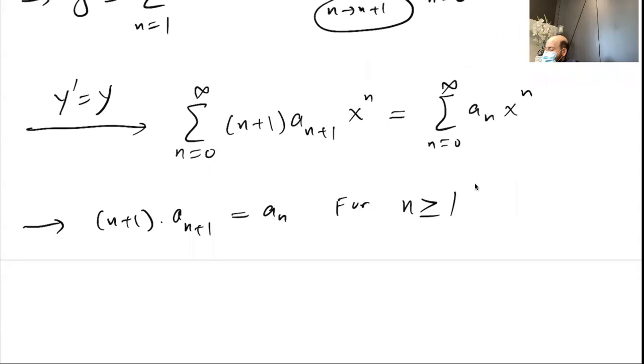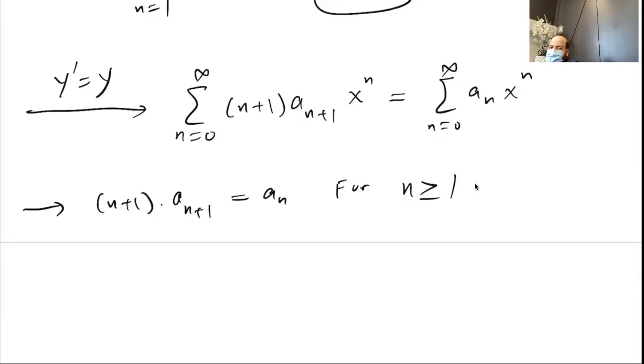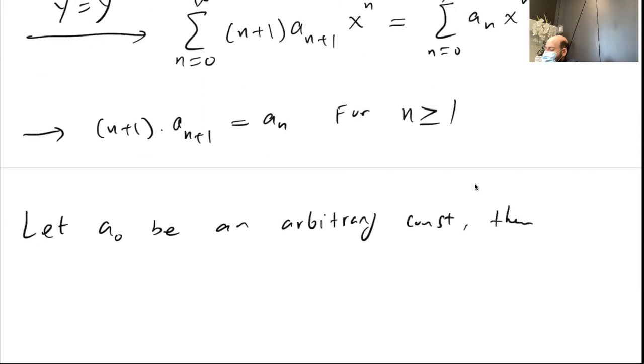So let's use this to find a_n in terms of a0. Remember, if you have a first order ODE, we can find all the coefficients in terms of a0. a0 will be our arbitrary constant. So let a0 be an arbitrary constant. Then what will be a1? a1 will be a0 over 1.